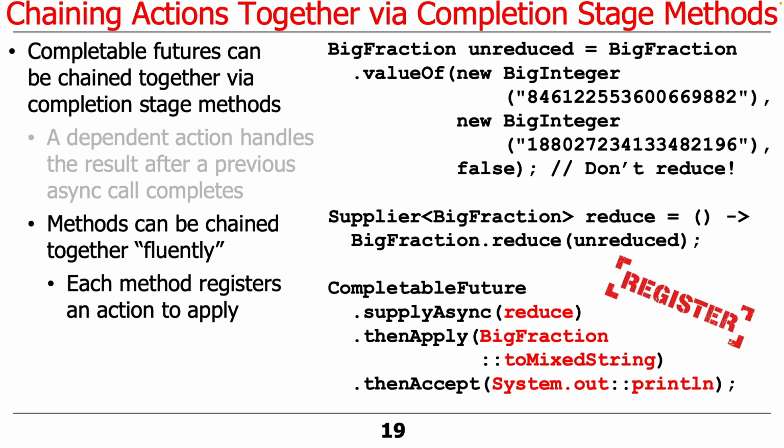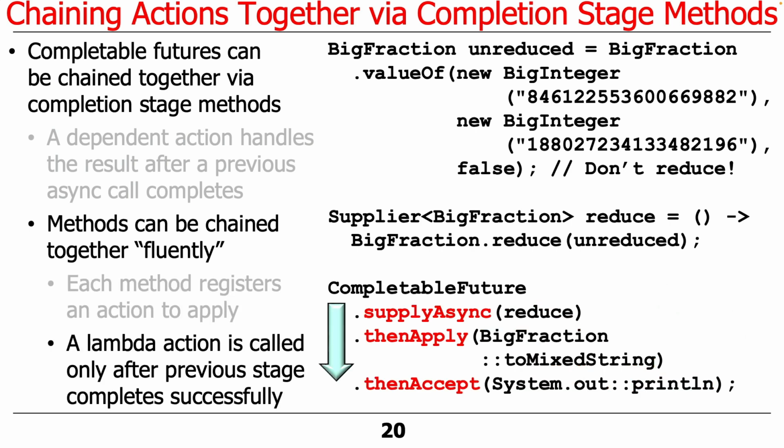So here's the way to think about this. Each of these methods here, supplyAsync, thenApply, thenAccept, register actions to apply when the time is right. supplyAsync registers this action to apply when the underlying worker thread in the common fork-join pool is ready to do something. thenApply registers this bigFractionToMixedString to be called back after we've finished reducing the big fraction, and thenAccept has an action that will print the results out.